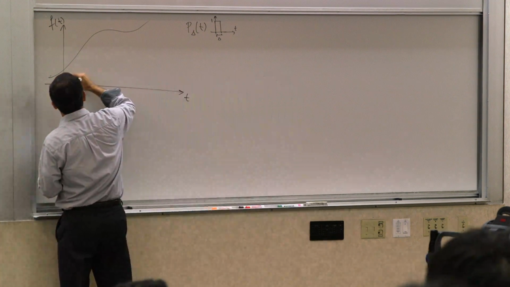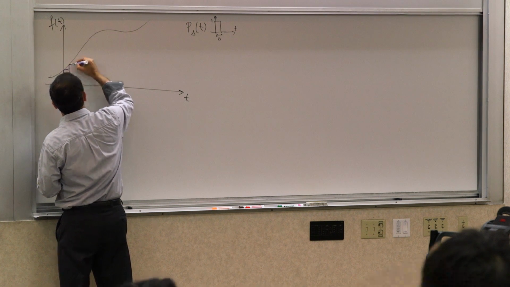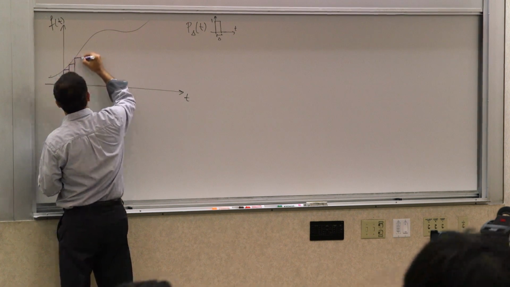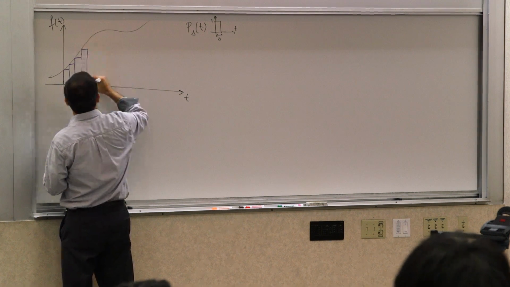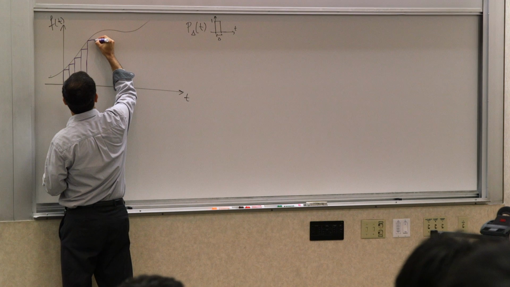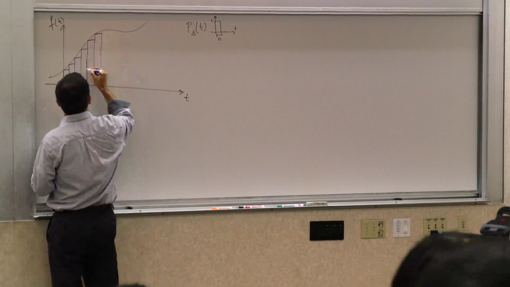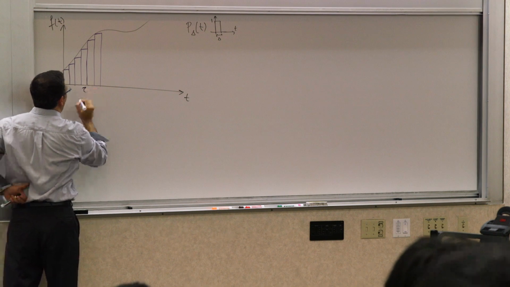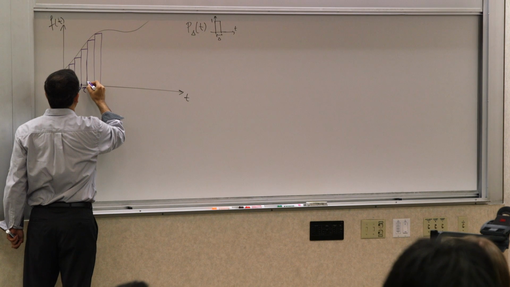So you can say, all right, can I write it this way? In other words, think about just one of them. Let's say this is time tau. Let's think about this box.